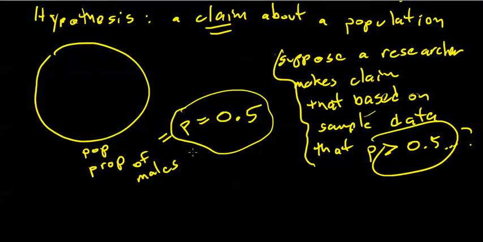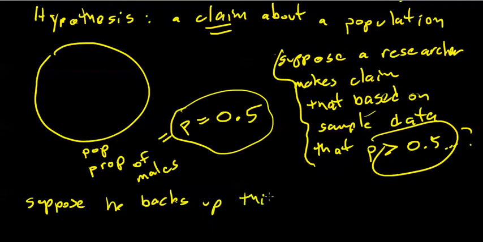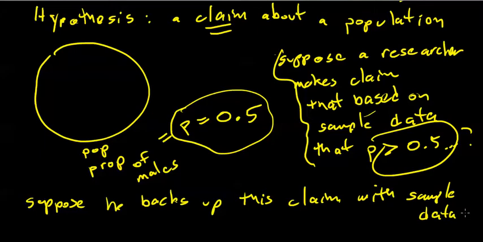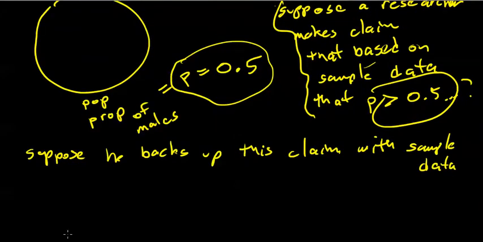Suppose further he backs up this claim with the following sample data. Let's say he takes an unbiased, representative sample, and in that sample he gets a sample proportion of 0.7.